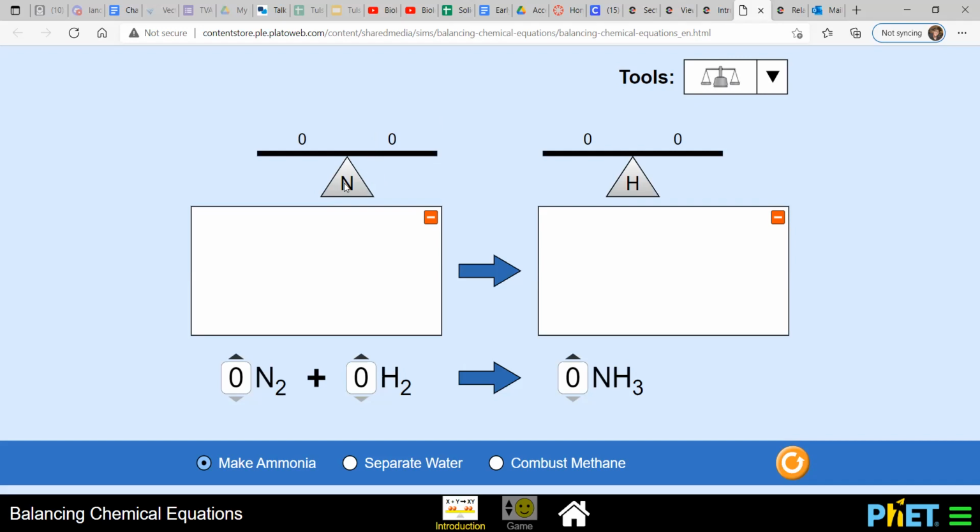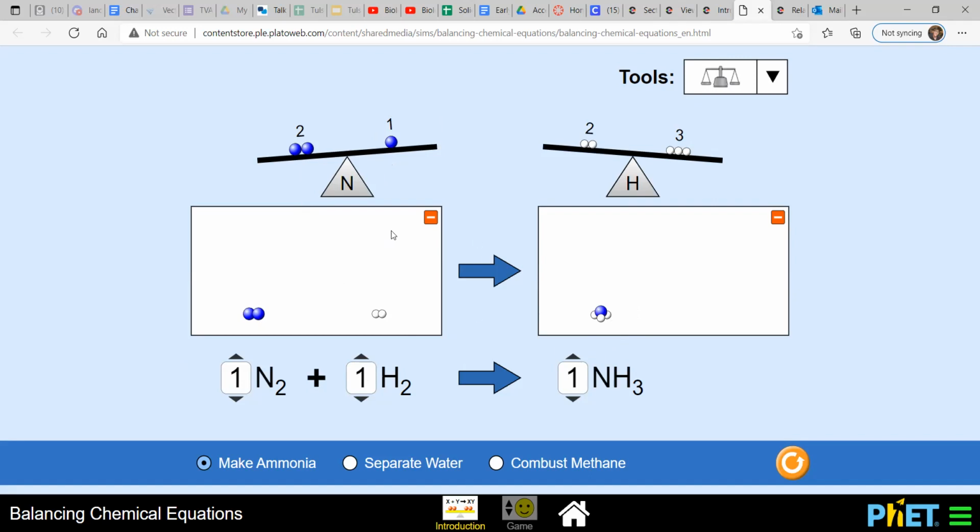Here we have nitrogen and hydrogen. If we add one of each to the equation, you'll see that we do not have a balanced equation as it stands. We have two nitrogen over here, but only one nitrogen over here. We have two hydrogen over here, but three hydrogen over here.